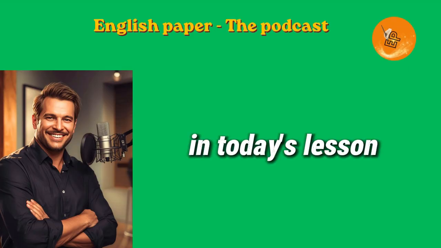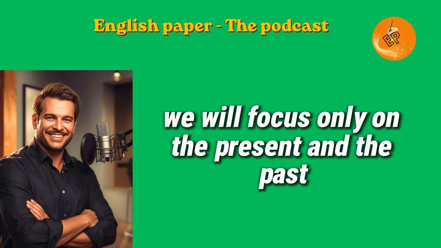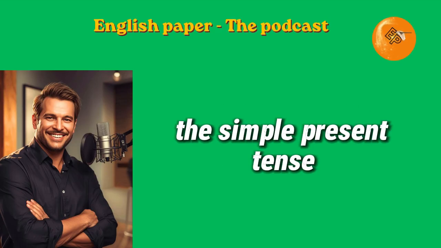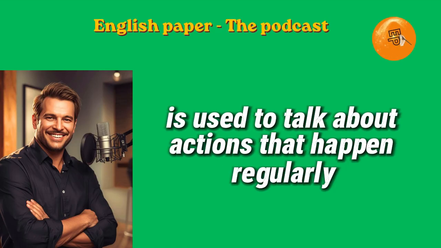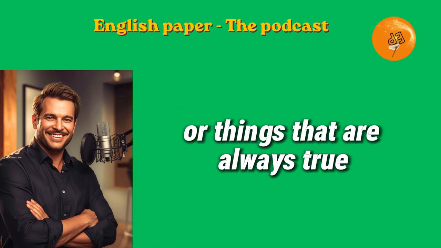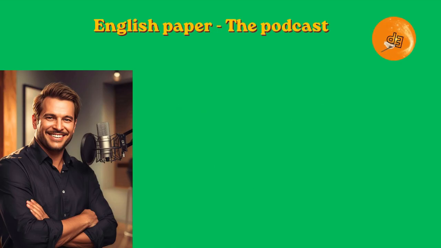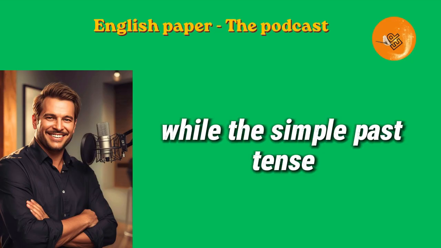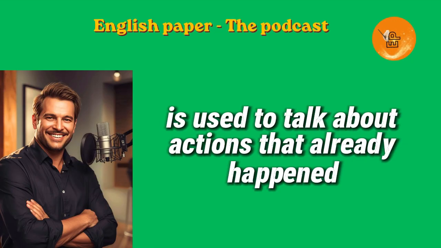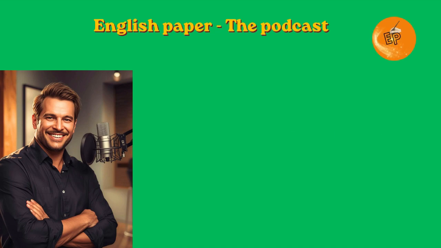In today's lesson, we will focus only on the present and the past. The simple present tense is used to talk about actions that happen regularly, or things that are always true, while the simple past tense is used to talk about actions that already happened and are finished.